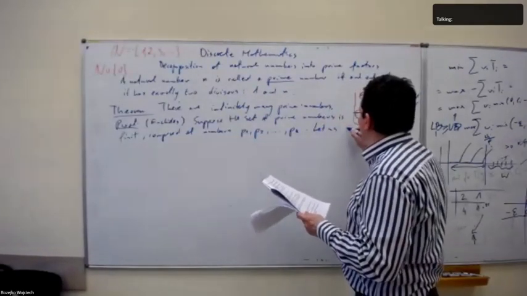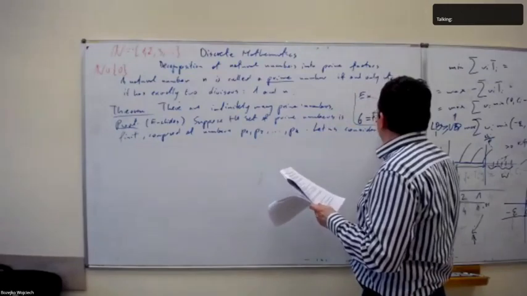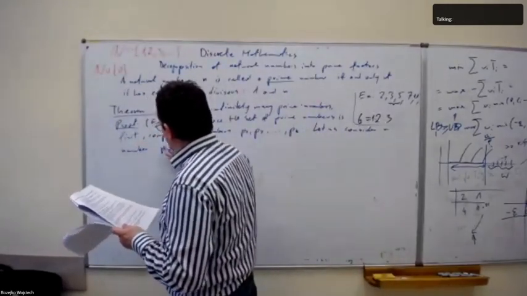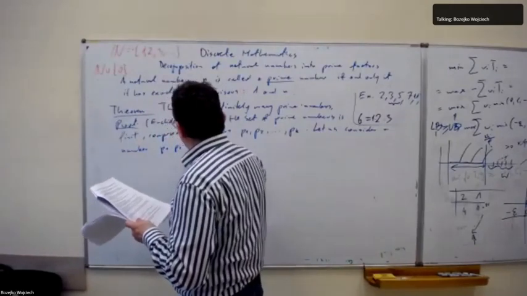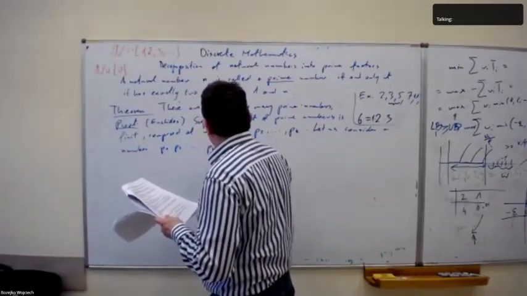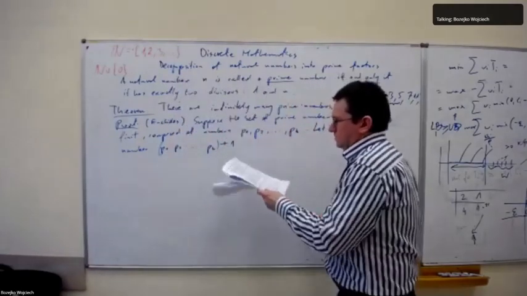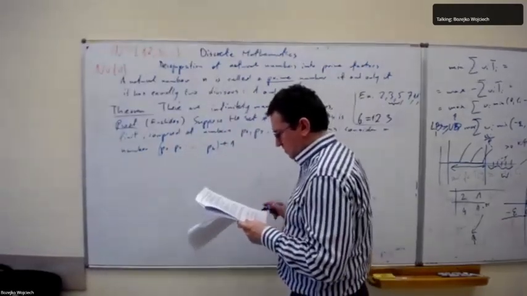Let us consider a number P1 times P2 and so on times Pk plus 1, that is, this multiplication plus 1.